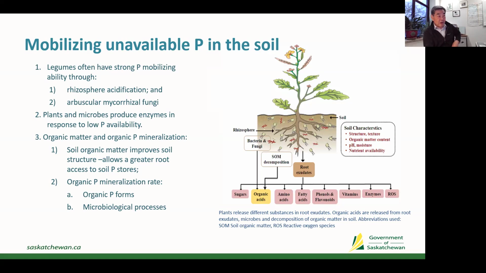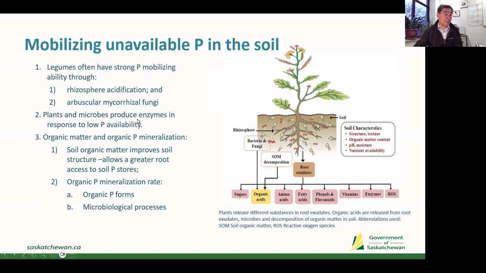That helps, particularly through rhizosphere acidification, which drops the local pH to less than 5.5 and helps the P rock to dissolve. AMF play that role as well.